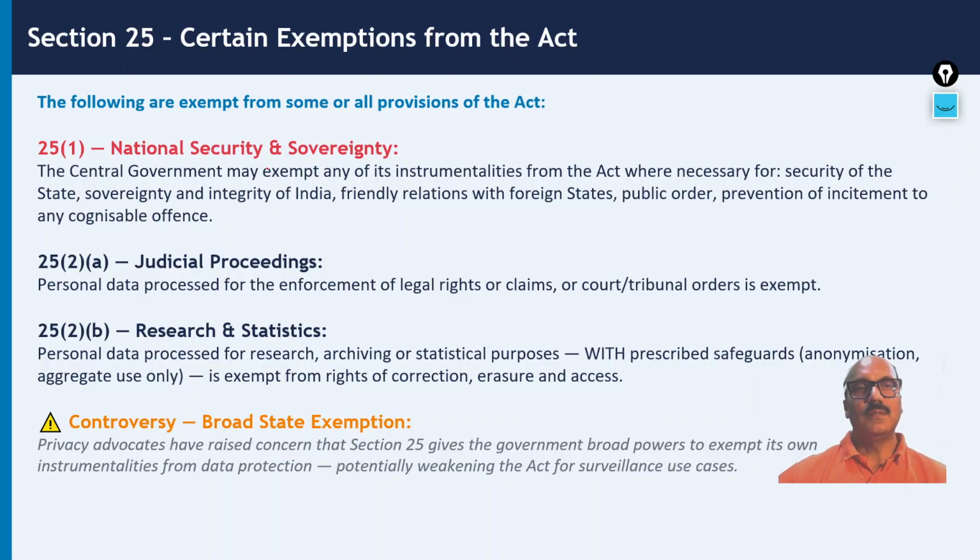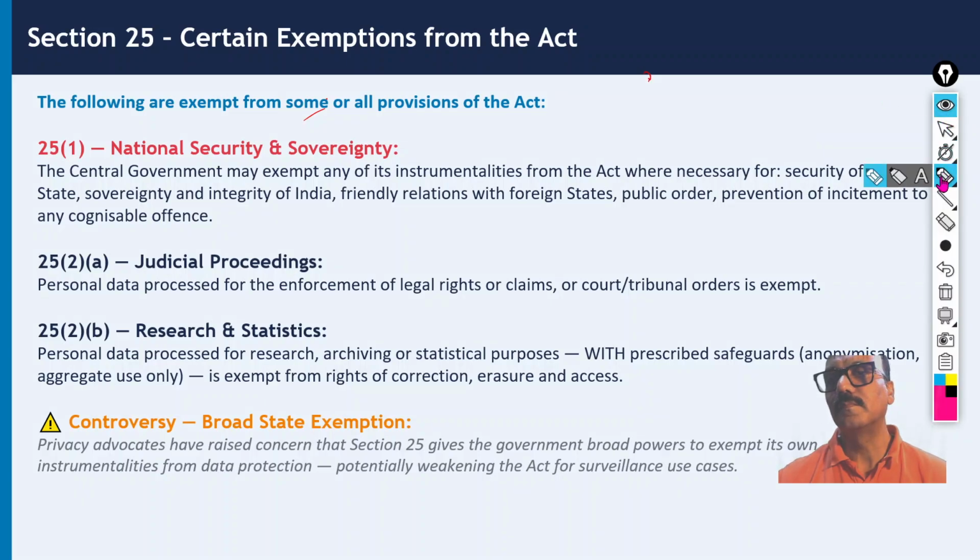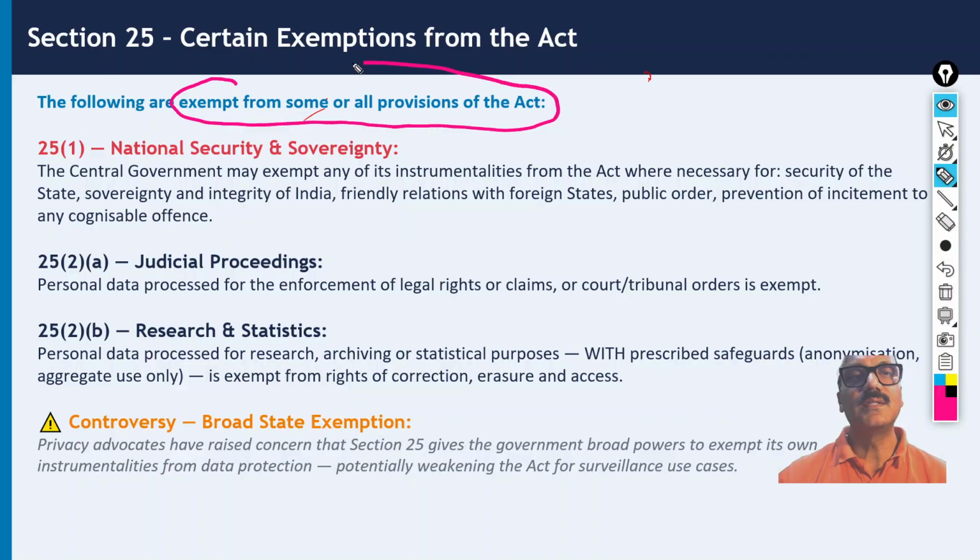So, as you see, this heading is very important. Some of the entries are completely outside the scope of the DPDP Act, as if there is no DPDP for those companies.